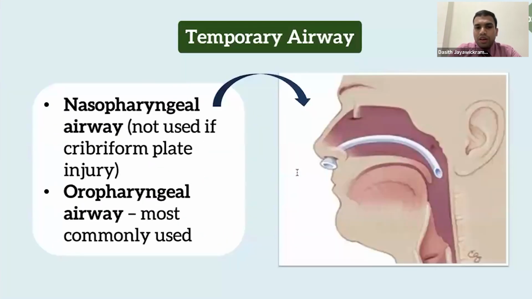The contraindication for nasopharyngeal airways is a cribriform plate injury, that is, when the roof of the nose is injured. You don't put nasopharyngeal airways, because the airway can go straight into the cranial cavity. Because of that, we don't put it in patients suspected of cribriform plate injury. This might come as an MCQ, so it's worthwhile knowing.